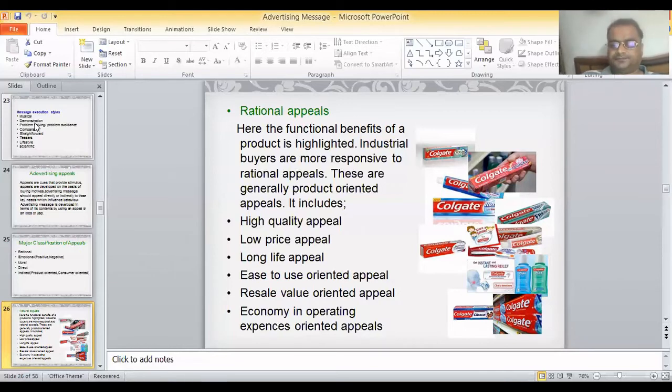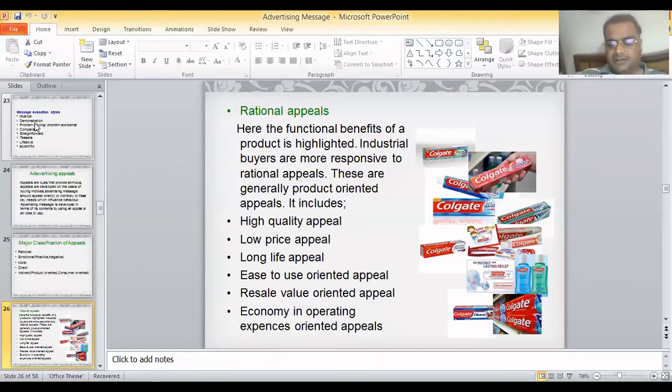Likewise, if we are buying a detergent, say Surf is priced at 100, but Tide is priced at 80, we will go for Tide. We'll think that I'm saving 20 rupees on this, so that will be a low price appeal.